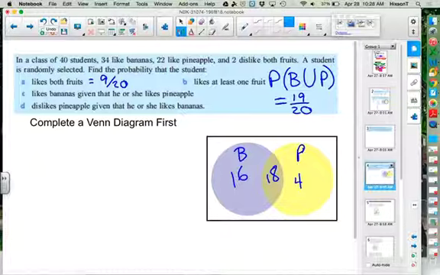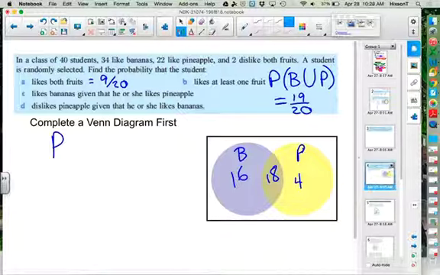Alright, so that's where we left off here. Good questions here, because understanding it in words and understanding the notation are sometimes two different things, okay? You gotta understand both. Now, part C. What's the probability that he likes bananas given that they like pineapples?